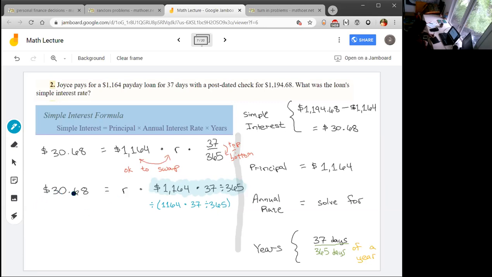And so for the $30.68, we also have to divide by all of 1164 times 37 divided by 365. And if you plug in your calculator 30.68 divided by parentheses all of that, then you would get the 0.26 with less writing on the board.